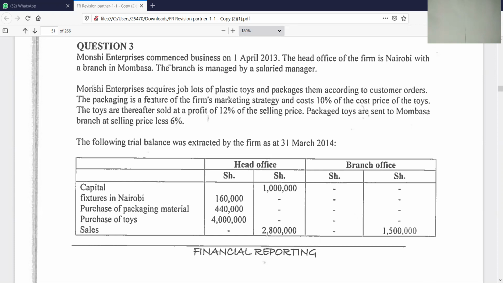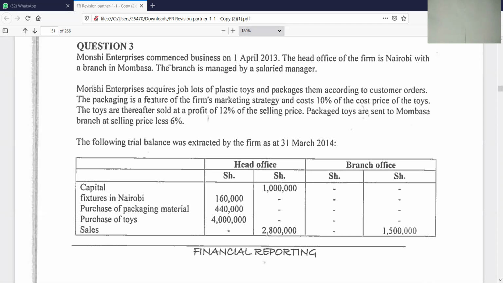Moshi Enterprises acquires jobs products of plastic toys and packages them according to customer order. Packaging is a feature of the firm's marketing strategy and costs 10% of the cost price of the toys. So for marketing, we are not concerned. What I'm concerned with is getting the percentages at which the head office is transferring the goods to the branch, or the way the head office was selling.